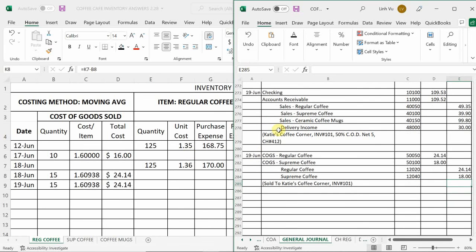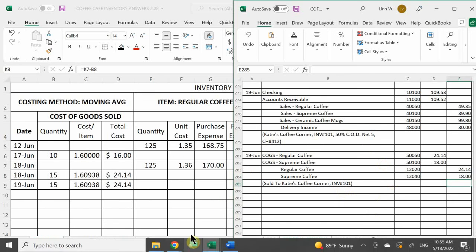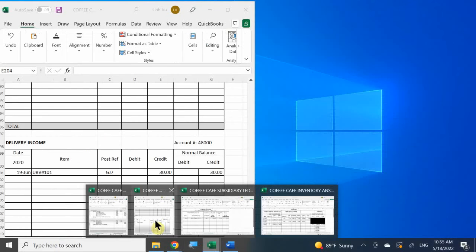So now that I finished my journal, I need to go ahead and do my ledger so I can match my numbers up.